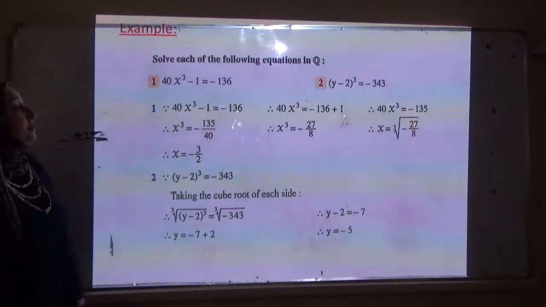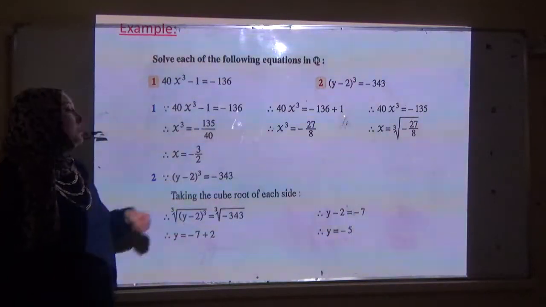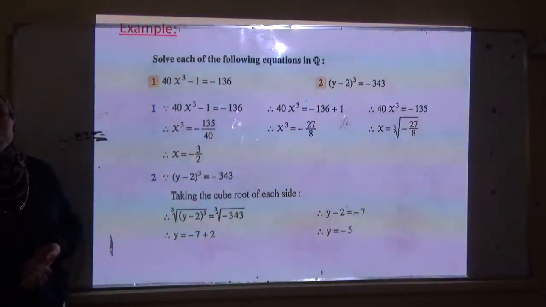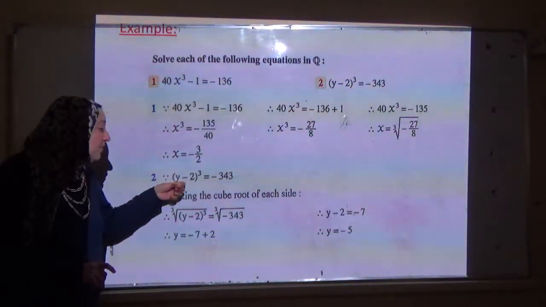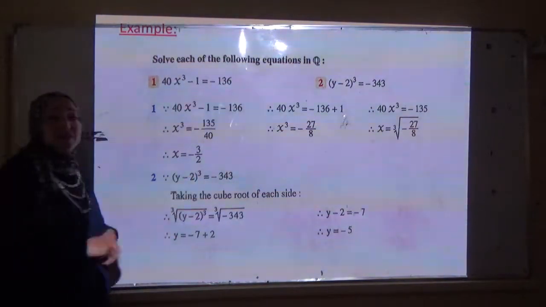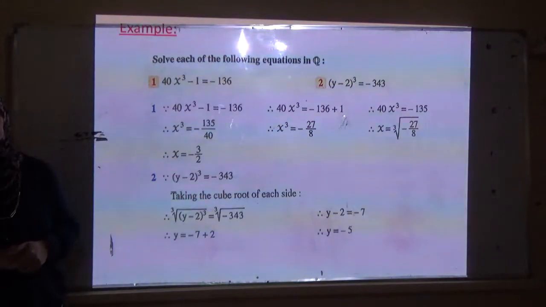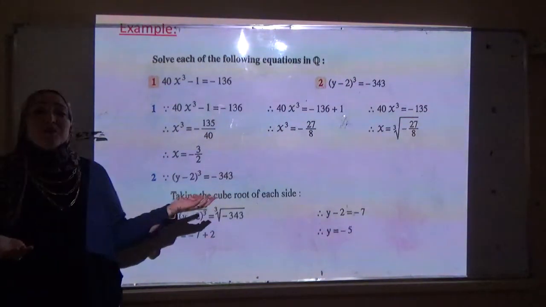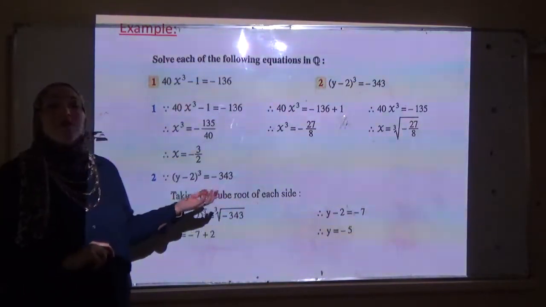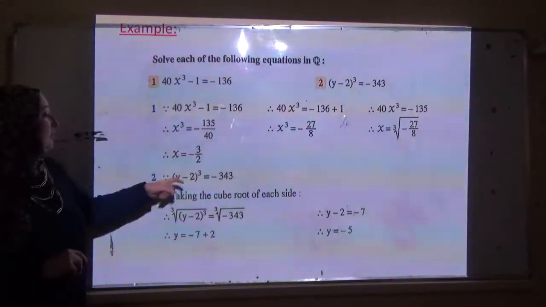For another example, (y minus 2) all to the power 3 equals negative 343. We can't move negative 2 because it's inside the brackets and locked by the power 3. So we have to get rid of the power 3 first, by taking the cube root of both sides.